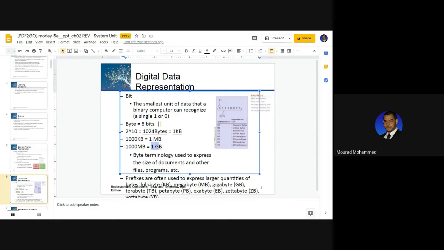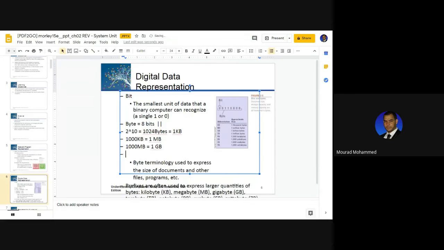This is technically how it goes. But at a glance, 1000 kilobytes is 1 megabyte, 1000 megabytes is 1 gigabyte, 1000 gigabytes is 1 terabyte, and so on. We go from one unit to another this way.